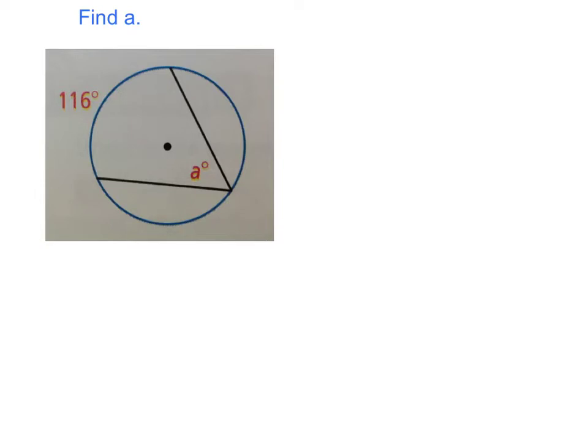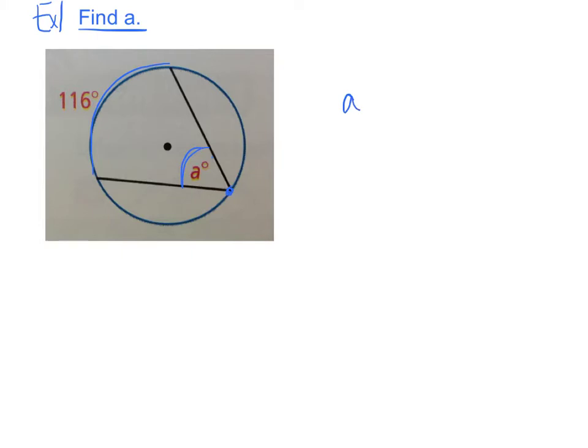Let's begin with example 1, starting off with what did they give us? Okay, so for example 1, they asked us to find A, and I have to first ask myself, what have they given me? I see an angle inside of the circle, and the vertex is on the edge. This is an inscribed angle. That means that this arc is twice as big as this angle.